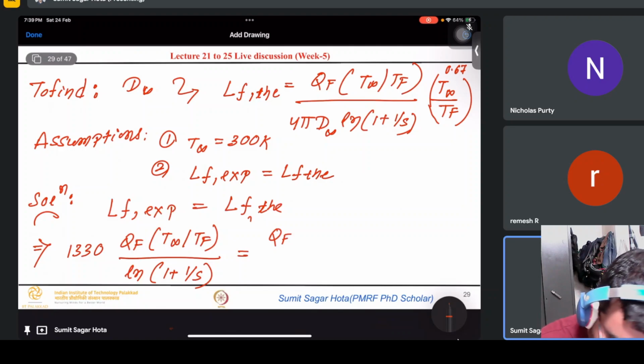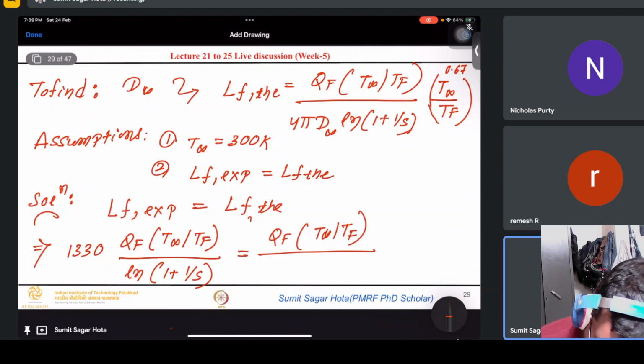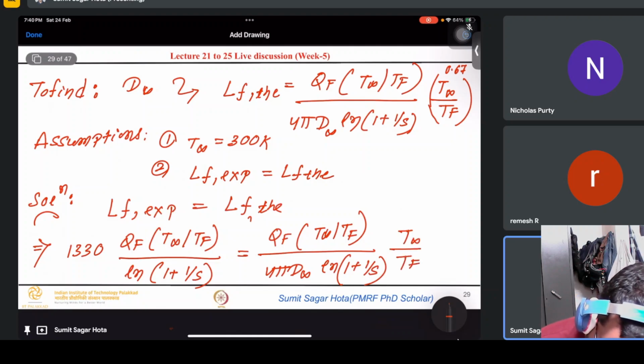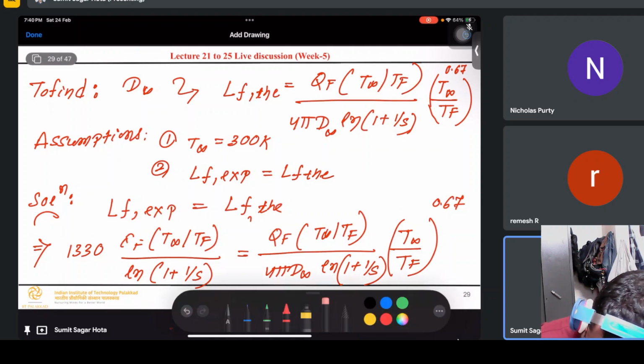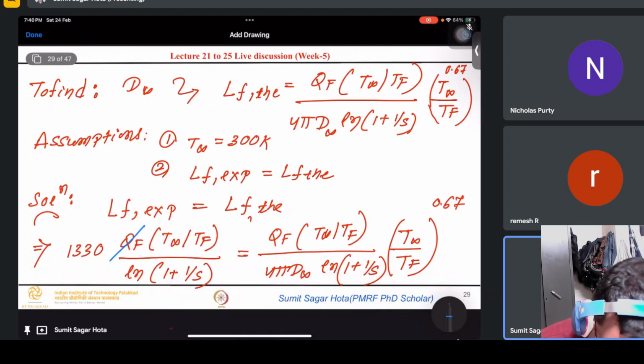However, Q for pi D infinity on 1 plus 1 by T infinity by 0.67. Other things we cancelled. QF gets cancelled. D infinity by TF.